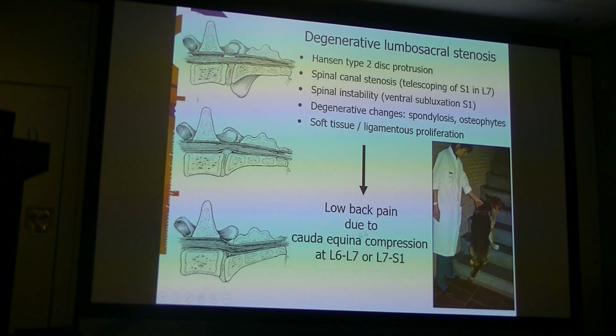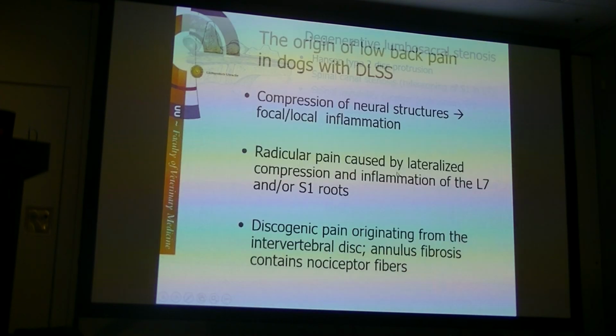And this all contributes to compression of the cauda equina. And the cauda equina is located at L6, L7 or L7, S1 in the dog. So at both junctions you may get the same clinical features.